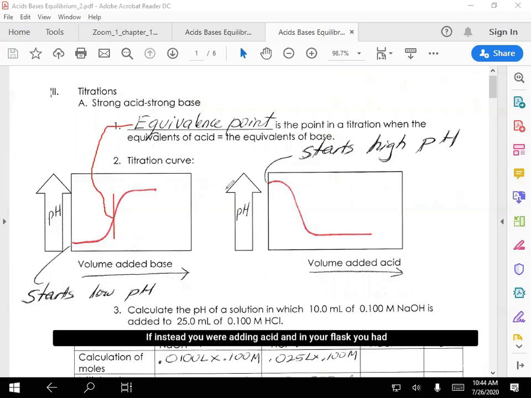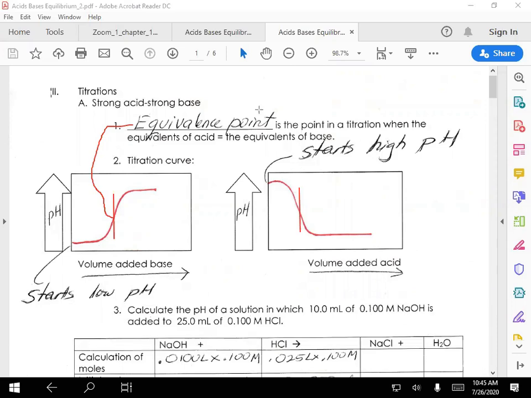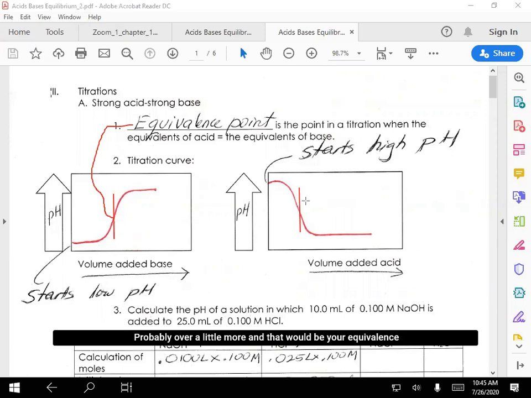If instead you were adding acid and in your flask you had base, your pH would start high and then you would get your inflection point somewhere around here, maybe a little over, probably over a little more, and that would be your equivalence point.